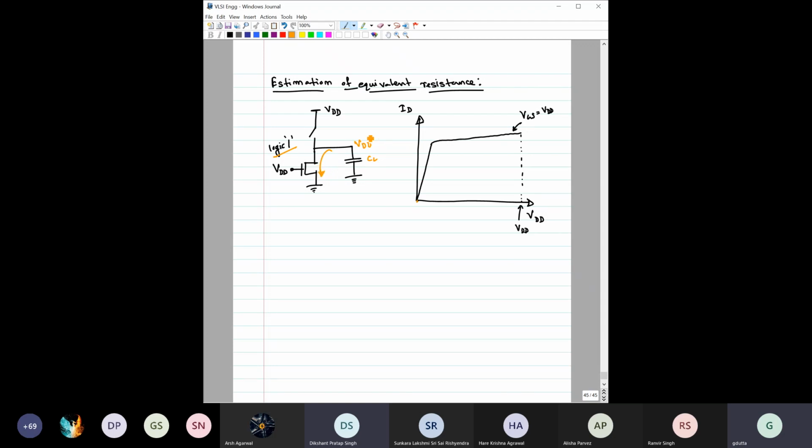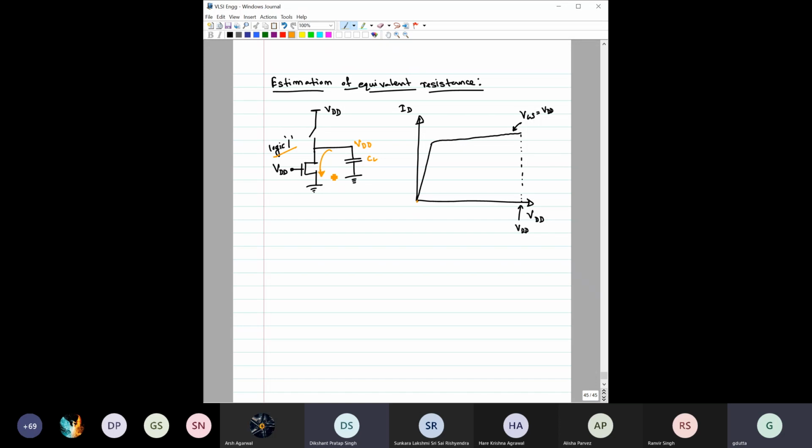Remember, CL does not mean it is the only fixed load capacitance. It can be an inverter of the next stage as well. In that case, both gate capacitances, which are initially charged, have to be discharged through this MOSFET.